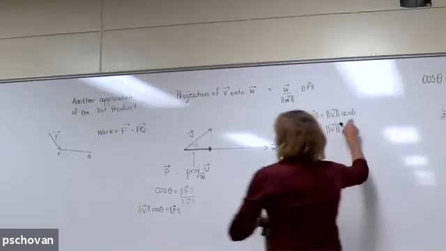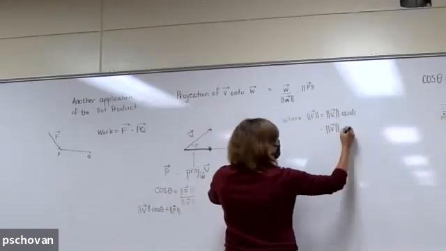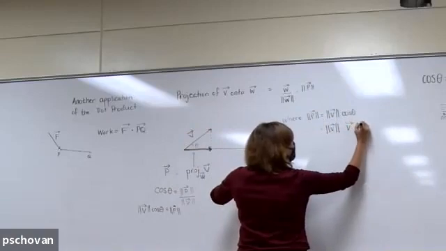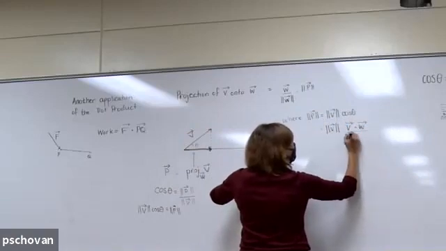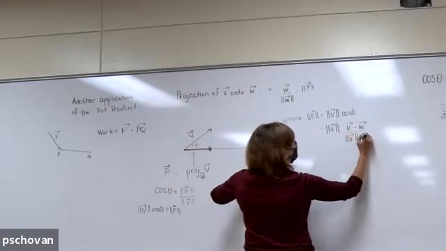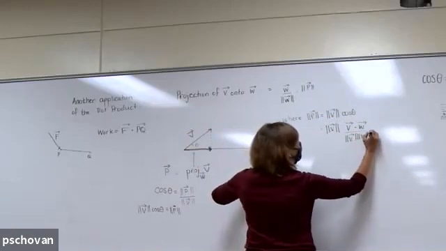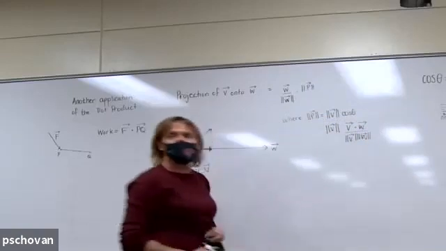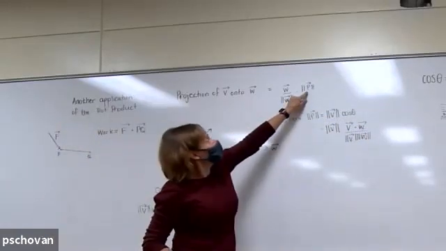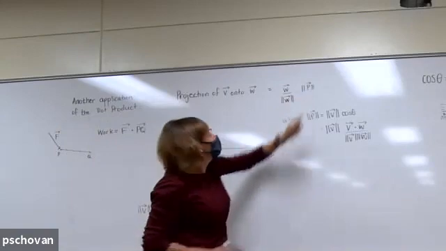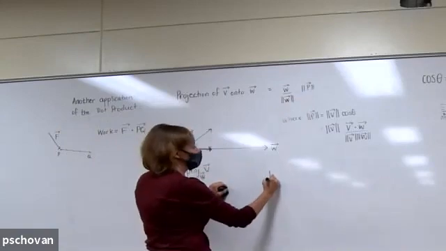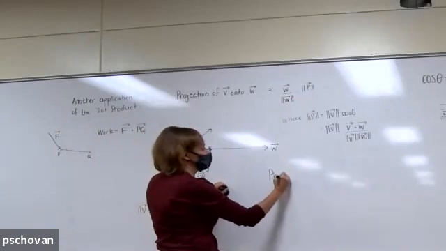So I'm going to write the cosine of theta as v dot w divided by the length of v times the length of w. And now I'm going to substitute that in right here.